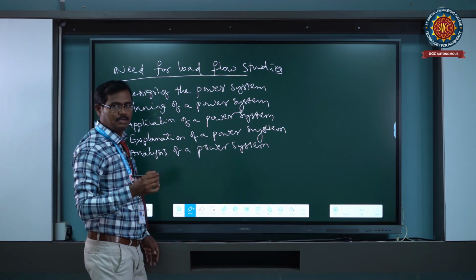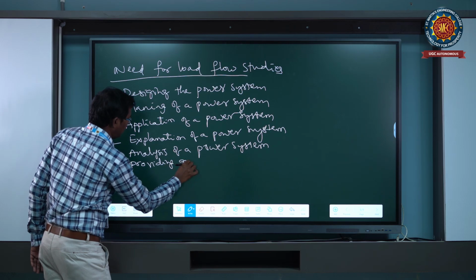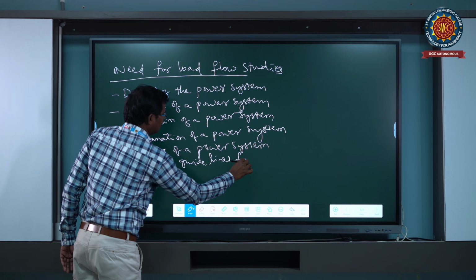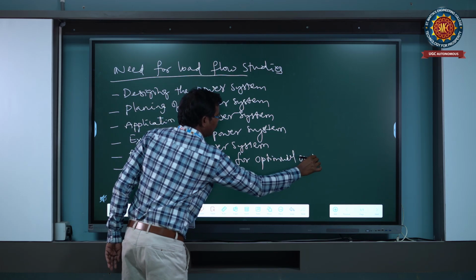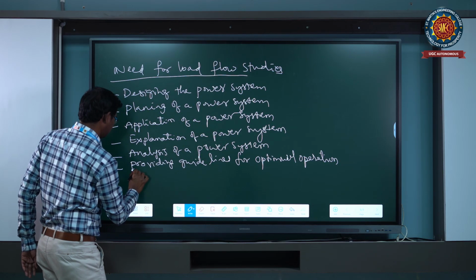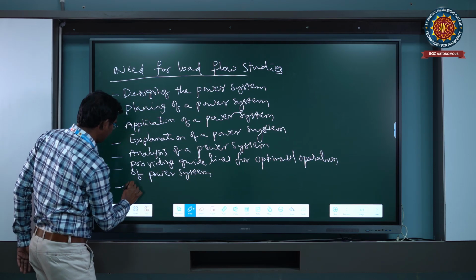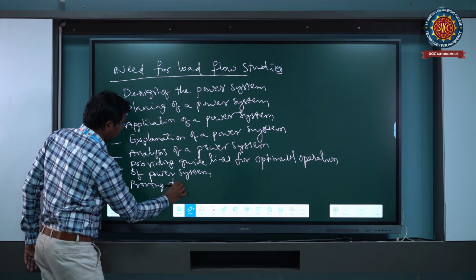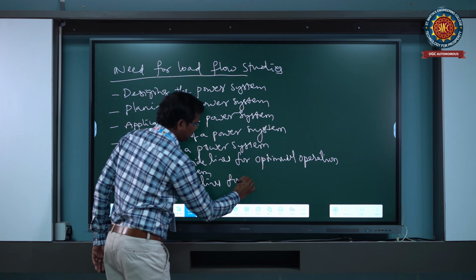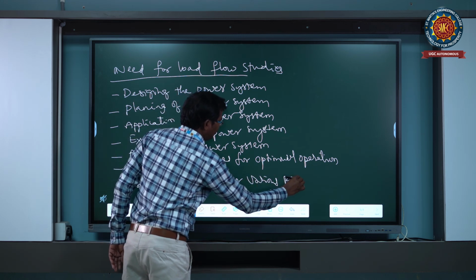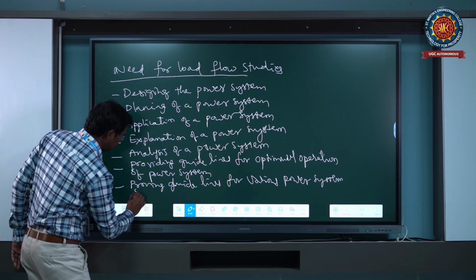It also provides guidelines for optimal operation of the power system, and also provides guidelines for various power system studies.